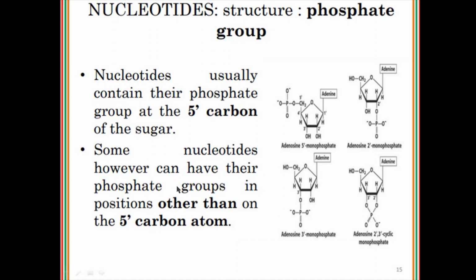So when you have a nitrogenous base bonded to carbon number 1 of your pentose sugar, and a phosphate group bonded to the 5th carbon of your pentose sugar, then you have a nucleotide.